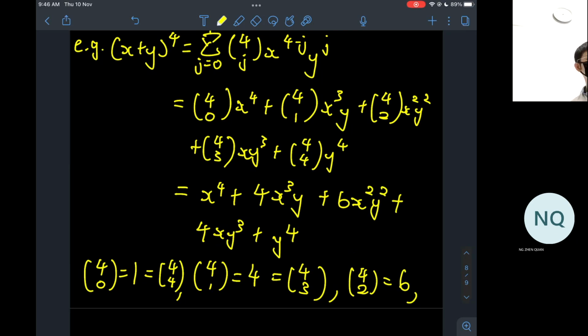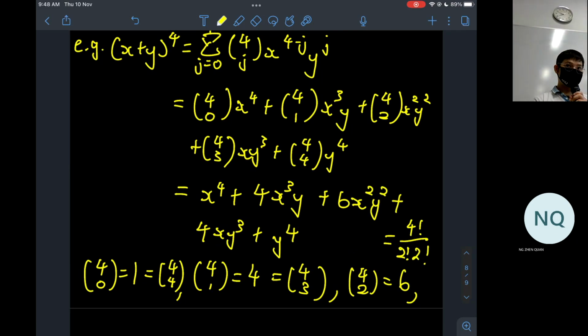Do you want me to show you, or can you do it? Okay, maybe show one, show 4 choose 2. So 4 choose 2 is what? n factorial over r factorial times (n minus r) factorial, right?